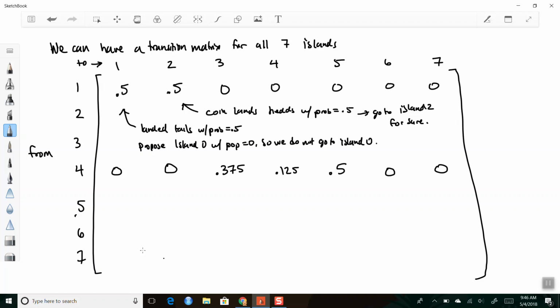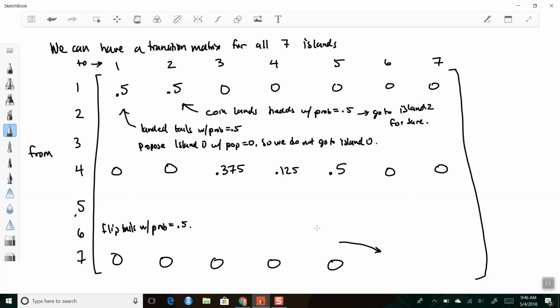And similarly for island 7, let's think about this. All right. So if we start off at island 7, I cannot end up at islands 1, 2, 3, 4, or 5 in the next turn, right? Okay. What's the probability I end up at island 6 if I start off at island 7? So first I have to flip tails, right? With probability equal to 0.5.